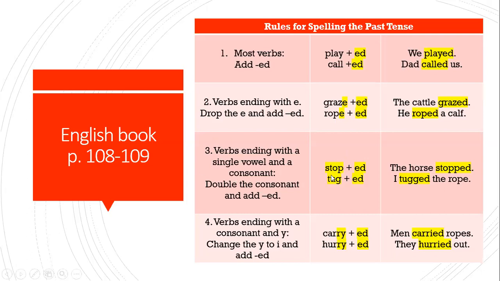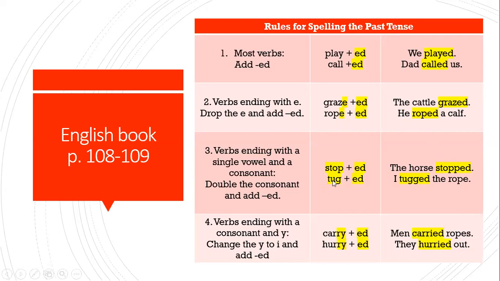So when you have a verb that has a single vowel, that means just one, and it ends with a vowel and consonant such as stop, we are going to double the consonant. In the verb stop, our consonant is P. So notice how in the sentence we wrote, the horse stopped, we have a double consonant and then the ed. Same thing with tug.